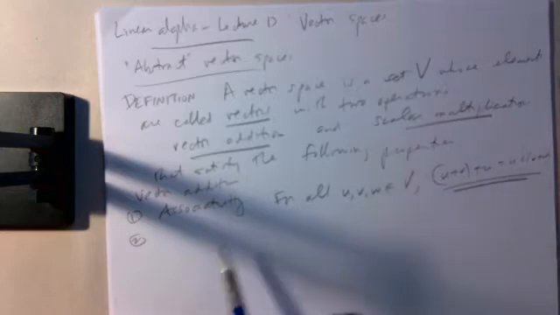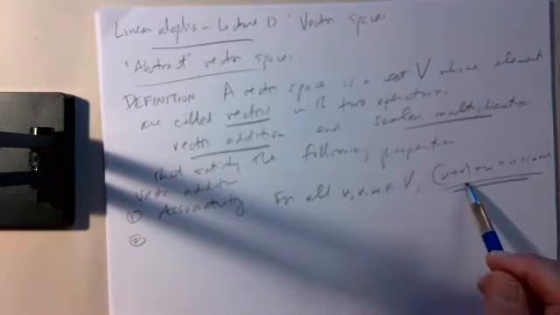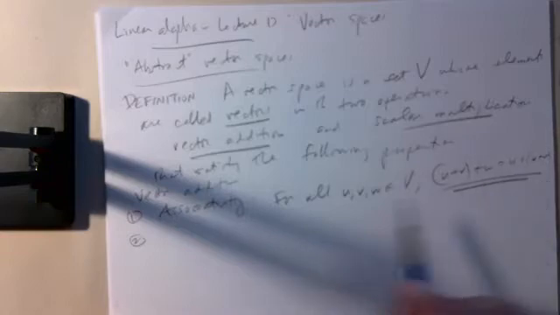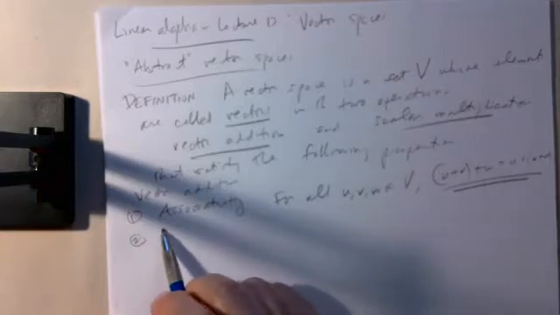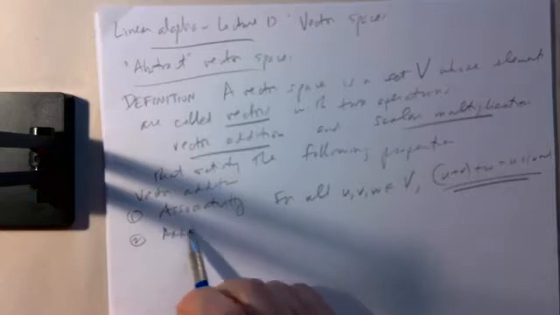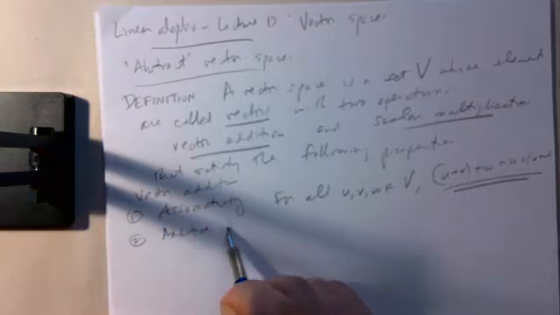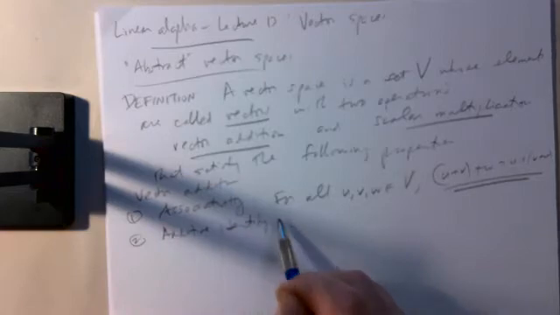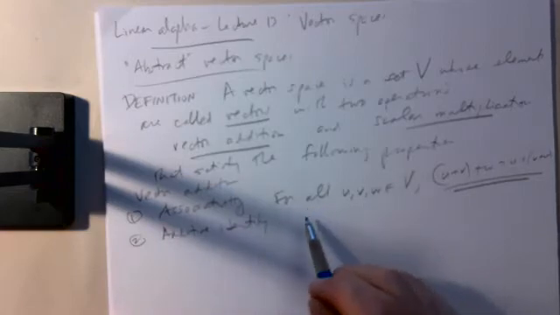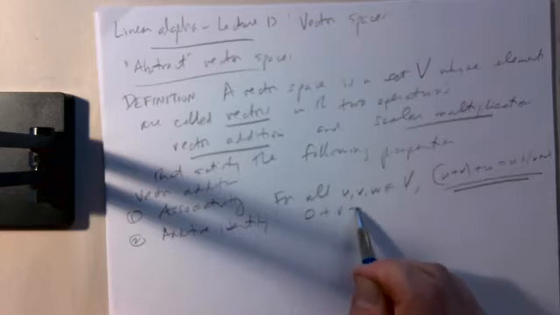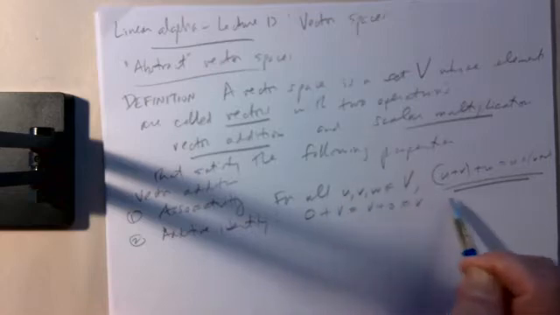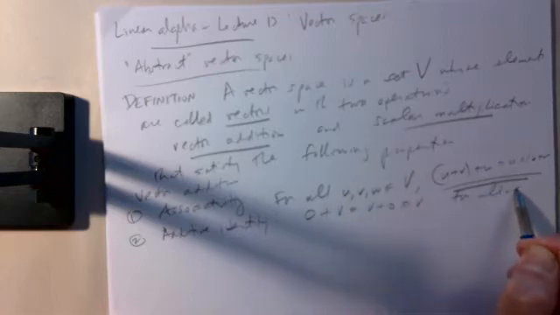Yep. So for all u, v, and w, u plus v plus w is u plus v plus w. There's an existence of an additive identity. There's some vector we call 0 with the property that 0 plus v and v plus 0 is v for all vectors.